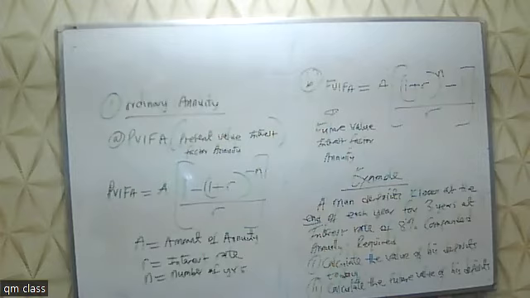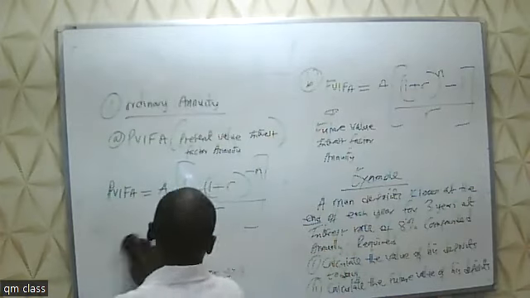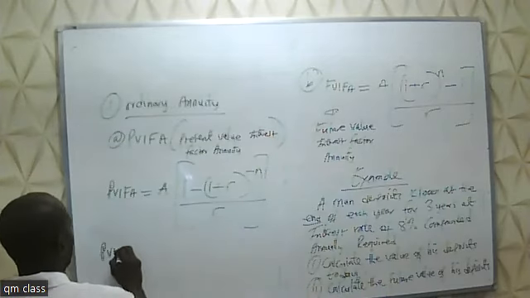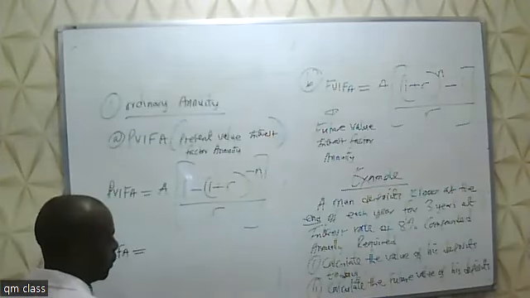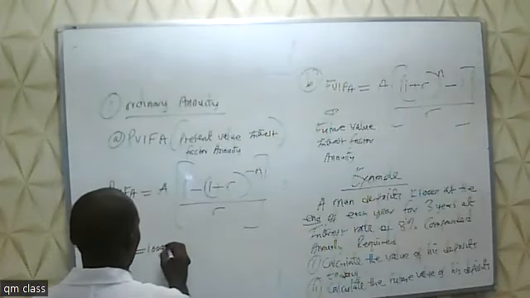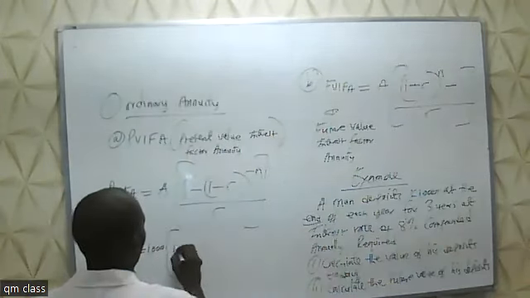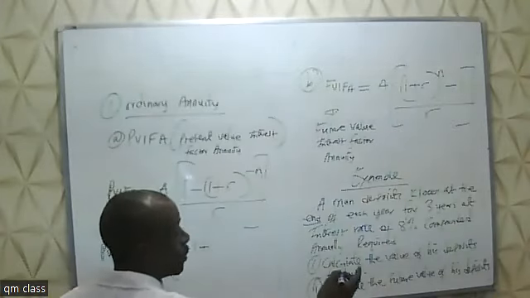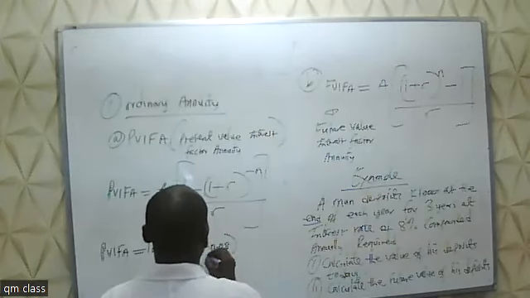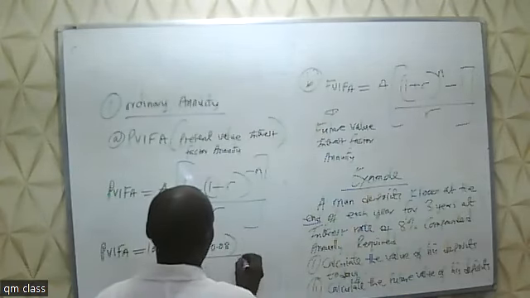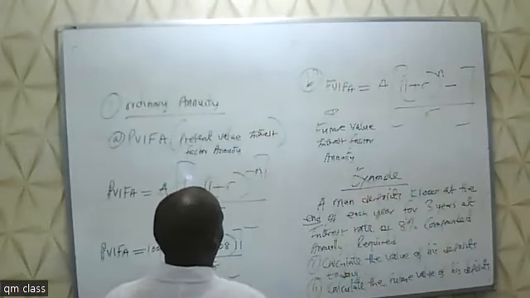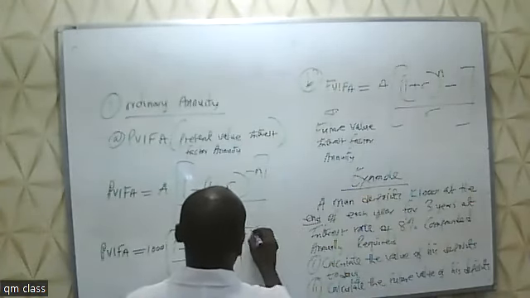All right, so meaning you can now get the solution. So the solution, just like the formula, the present value interest factor of an annuity is going to be the amount, which is 1,000. Then 1 minus (1 plus R), where R is 0.08, over R at 0.08, then we have the power -3.